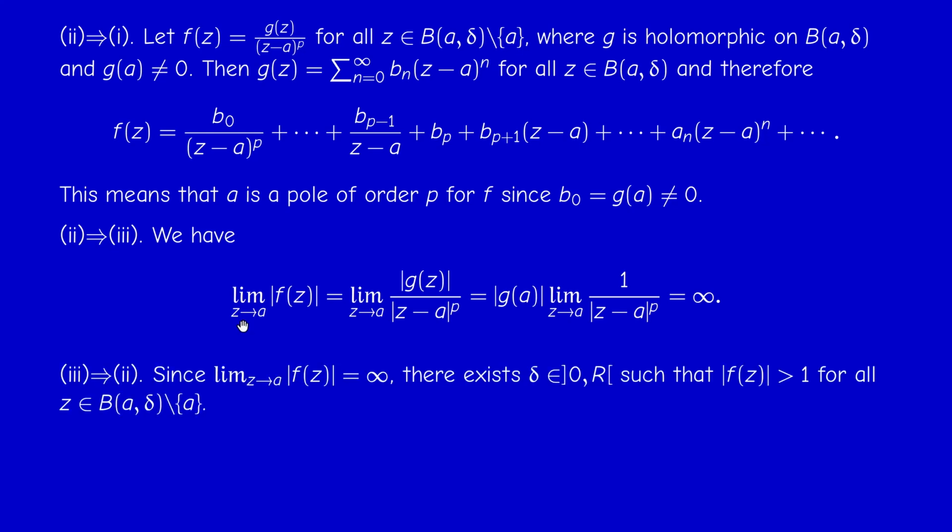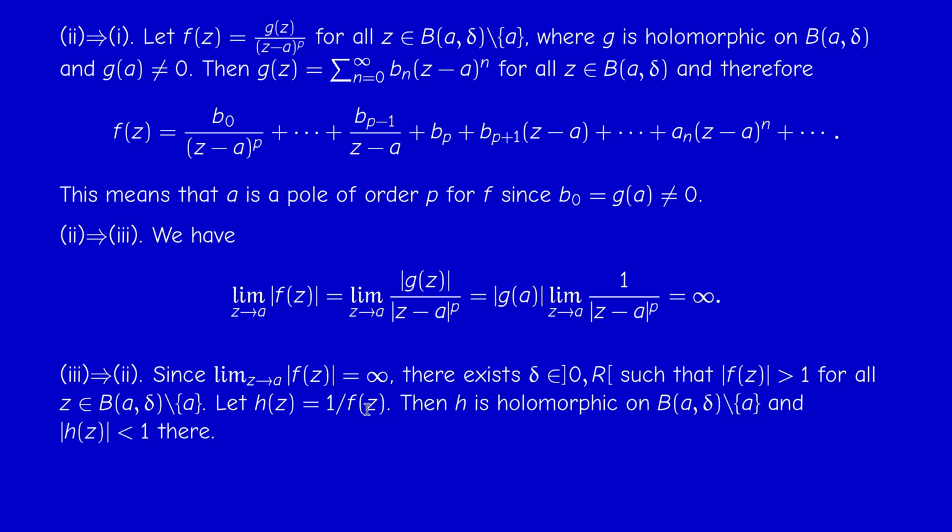3 implies 2. So in particular, if the modulus of f tends to infinity, then it's bigger than 1 in a punctured disk. And then I do a change of variables, h of z equals 1 over f of z. Since f does not vanish here, the inverse is holomorphic.